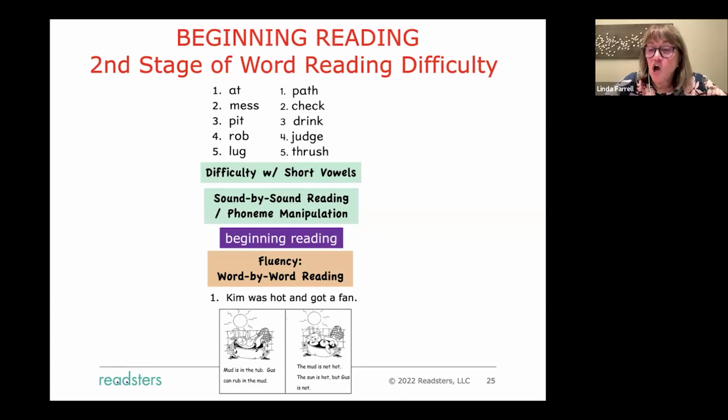Okay, let's talk about spelling at this level. Are we talking about at the beginning reading level? So going from first stage word reading, does that also apply then? In my opinion, and this is debated more and more, at this stage, I do not move forward until they have mastered the spelling patterns, which are very few at this stage.